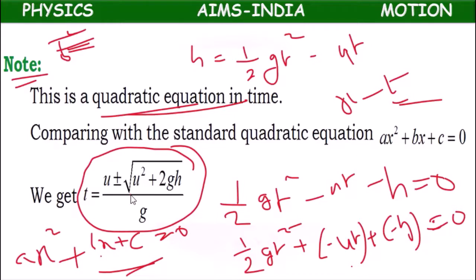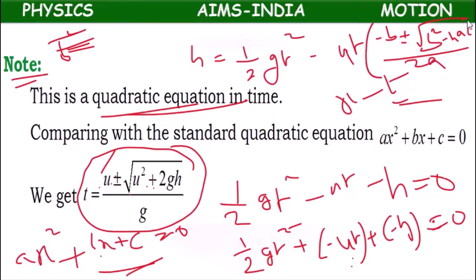According to that, minus b means minus of minus u, plus or minus root of b square minus 4ac, children. The formula is minus b plus or minus root of b square minus 4ac by 2a.